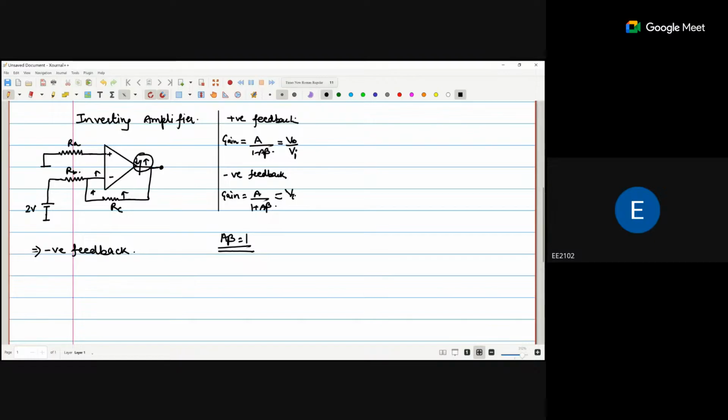Now let's assume that A beta is 1. So what is the effect of this? A beta is equal to 1 under positive feedback.